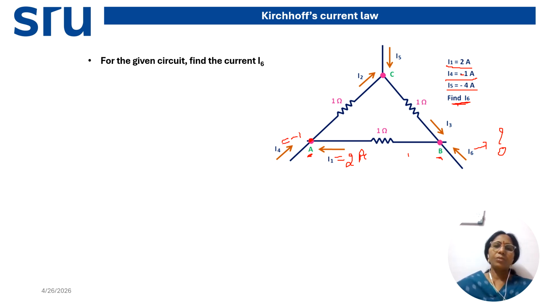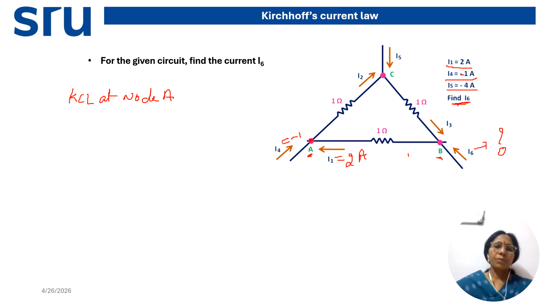Now I2 we do not know, so these two currents are known. I4 at this point, let me take representation. Here I4 and I2 currents; I4 and I1 are known. That is why here I am applying KCL first at node A.